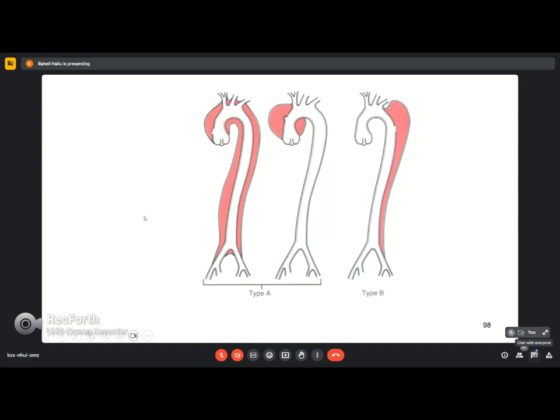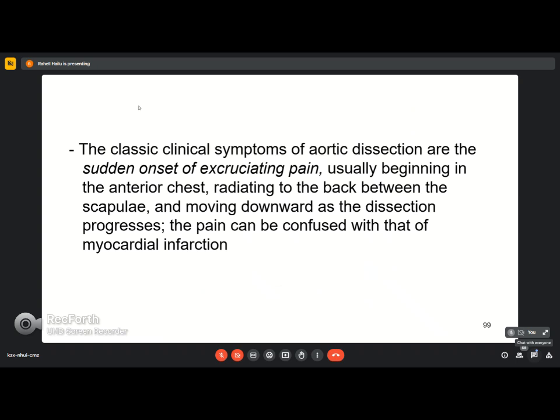Or the lesions that involve the aorta distally, below the subclavian artery, okay, here is the dissection, are called distal lesions. So the more proximal ones are usually much more severe, because that's where you'd expect a massive amount of hemorrhage to come through.